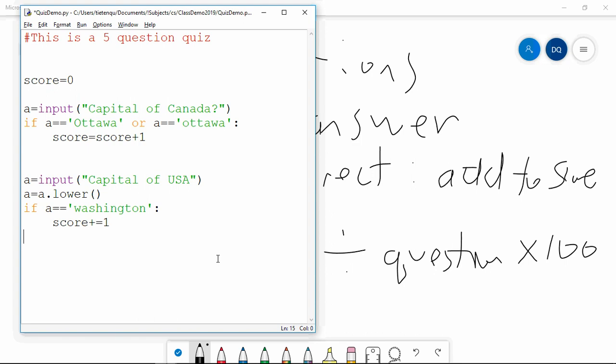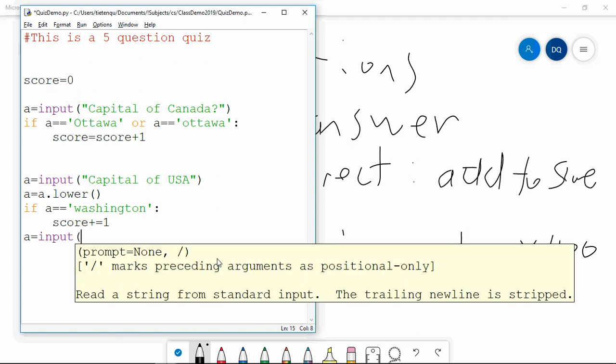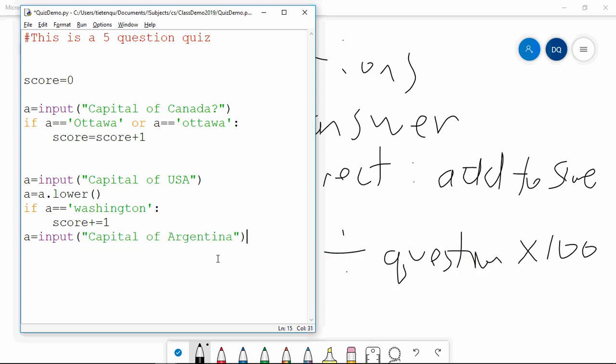Okay, so question 3. A is input. And let's keep going with capitals, I guess. Capital of Argentina. And now if their answer, well, let's convert to lowercase.